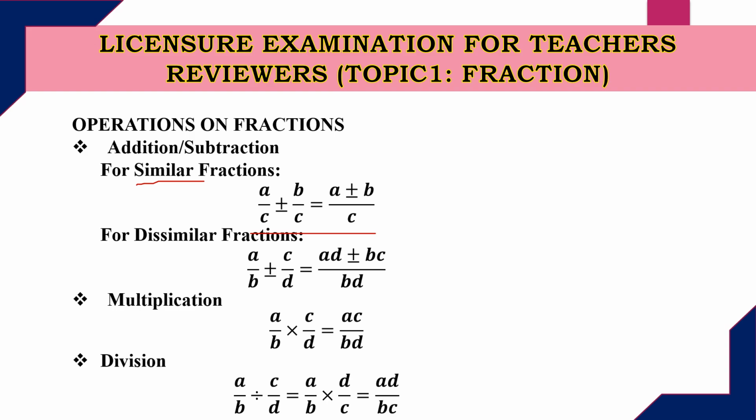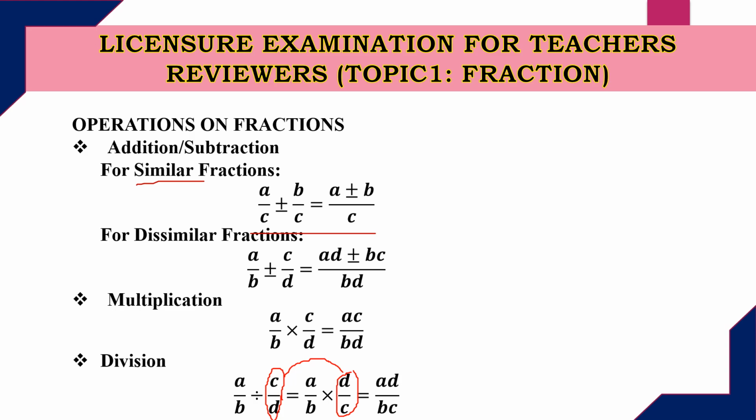And in the division of fractions, if we have A over B divided by C over D, we get the reciprocal of the divisor and then proceed to multiplication. The divisor here is C over D and its reciprocal is D over C. So, kapag nakuha na natin yung kanyang reciprocal, magpo-proceed na tayo sa multiplication.